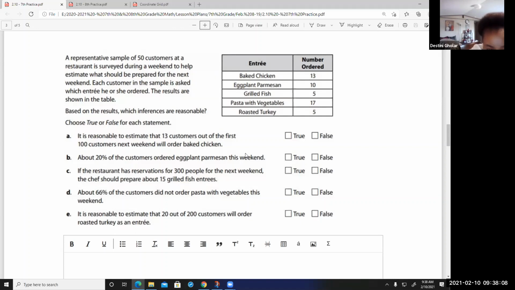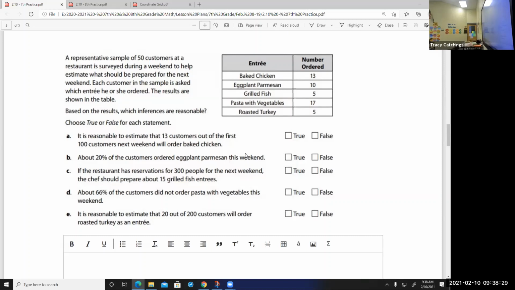The results are shown in the table. Based on the results, which inferences are reasonable? Thank you, Destiny. This sample is of 50 people of what they ordered. And we got the different entrees: baked chicken, eggplant parmesan, grilled fish, pasta with some vegetables, and roasted turkey.